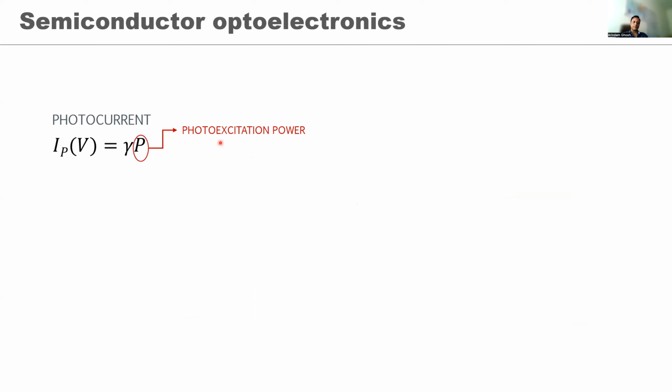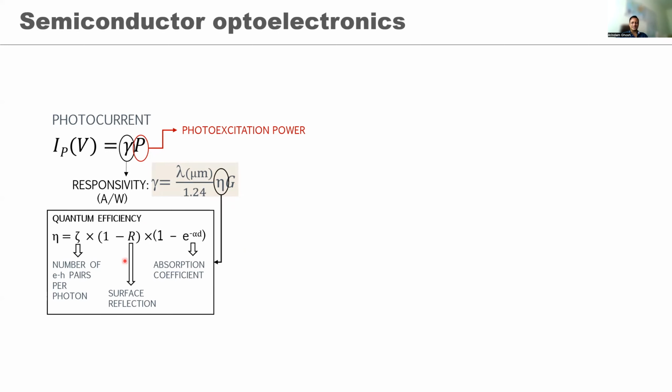Before we go into that, let's have a quick understanding of what kind of metric we should use. The photocurrent is directly proportional to the photoexcitation power, the power of light that you apply, and the proportionality constant is called responsivity. It's essentially two different components: the internal quantum efficiency and the gain. The internal quantum efficiency is, from a given number of photons, how many electrons you get.